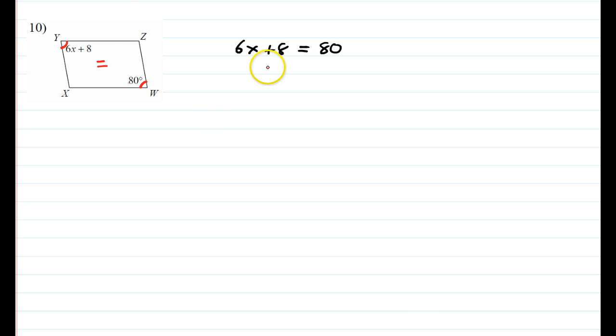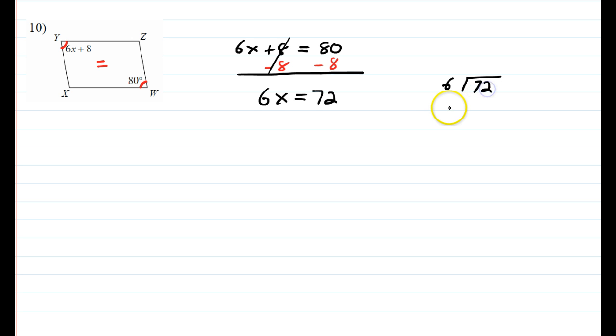Now we just need to solve it, so we minus 8 from both sides. And so we get 6x equals 72. If you're not good with your multiplication, instead of sitting there trying to figure it out, just go off to the side and divide it. How many times does 6 go into 7? Once.